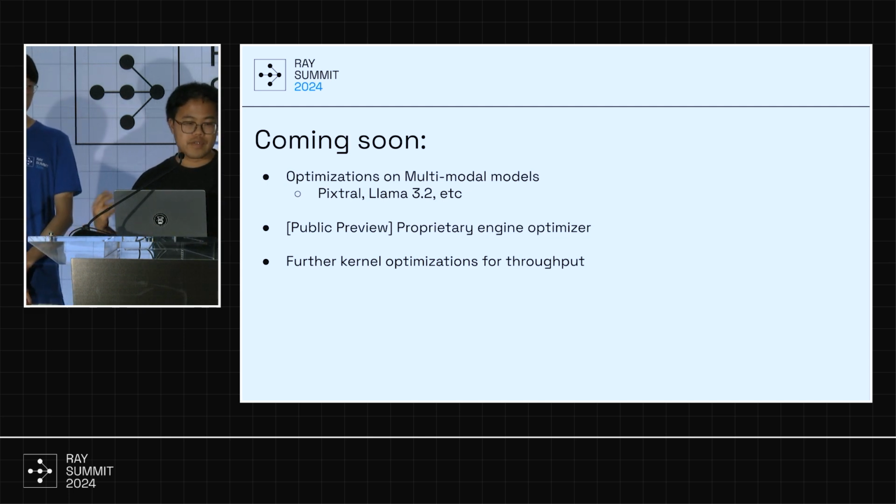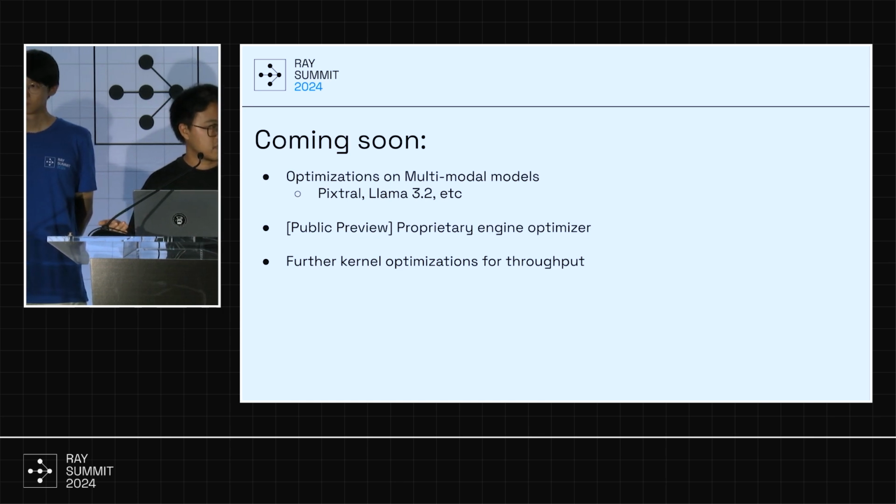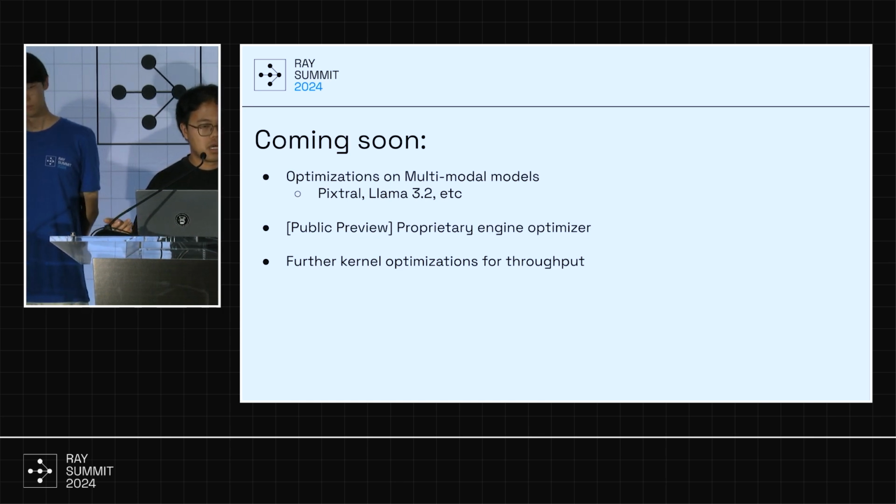So one of the big differences for multimodal models is that the data size becomes a little bit larger, and you have to embed the data into the text. So we'll be tackling that challenge. The second one is that there are optimizations we can do in order to take advantage of these architectures that are a little bit more split, not so homogeneous. And so we will be taking advantage of that as well.